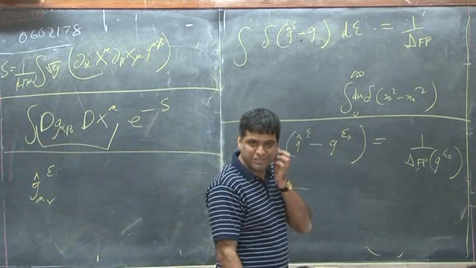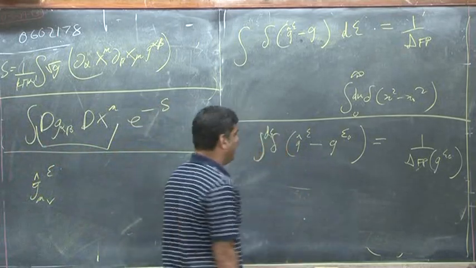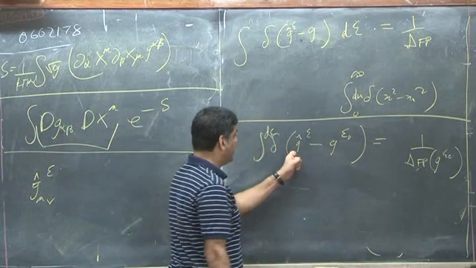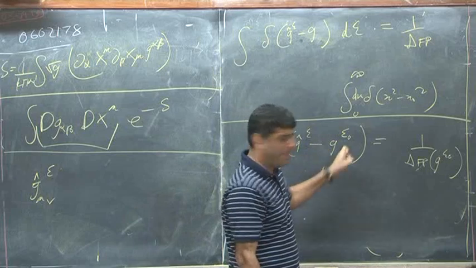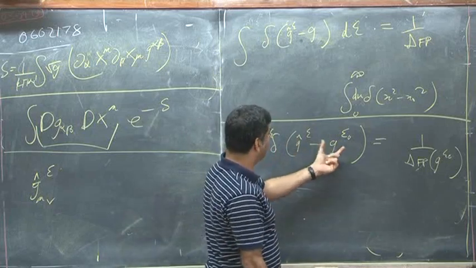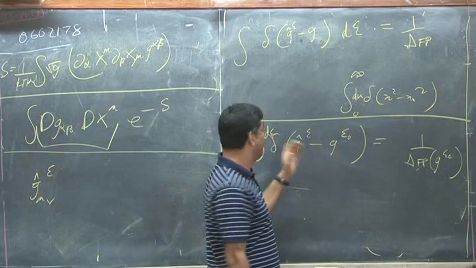What are the formal manipulations? Because this delta function is gauge invariant, we get the same answer.